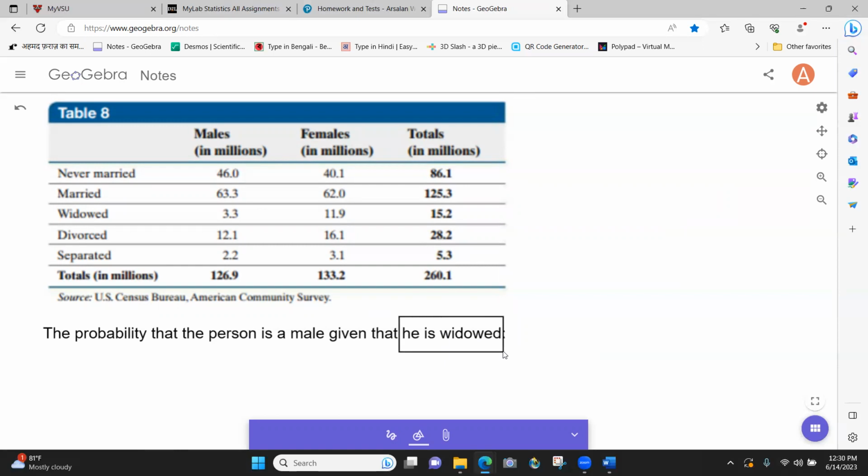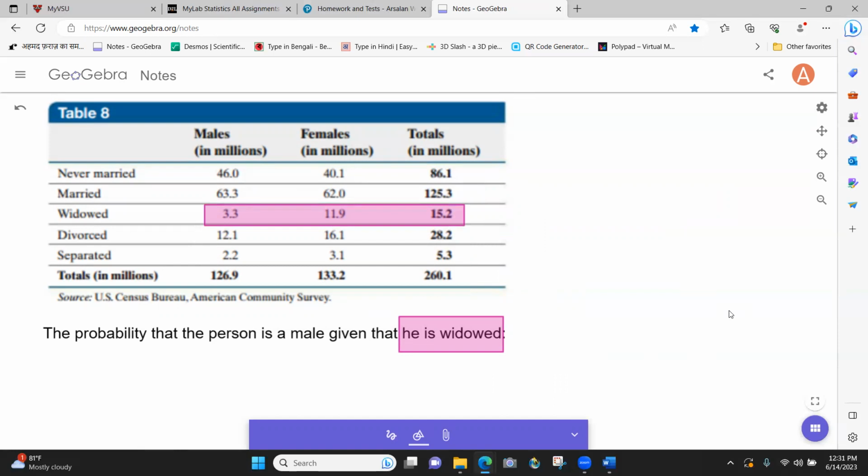The moment I add that condition, you're not looking at the whole population. You're only looking at the widowed people. You're only looking at this little group. All right. This is important to know.